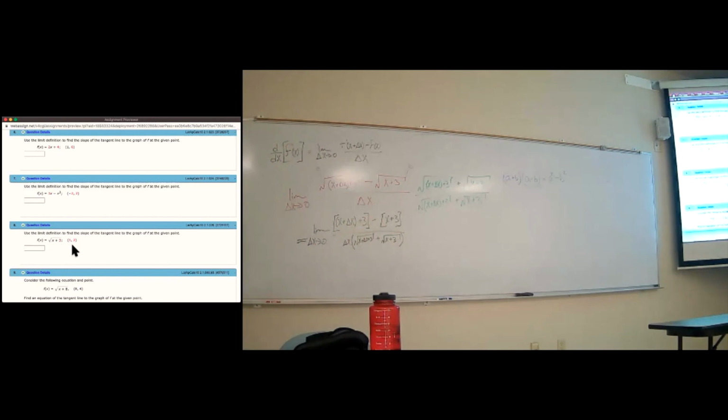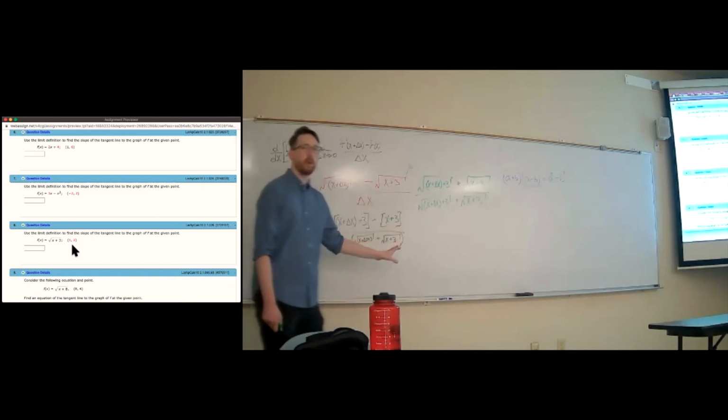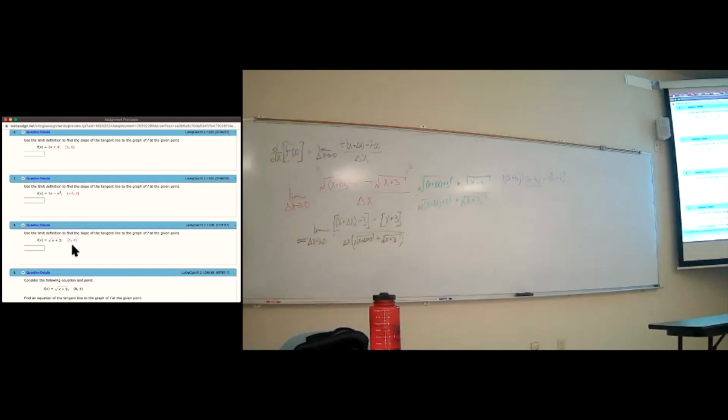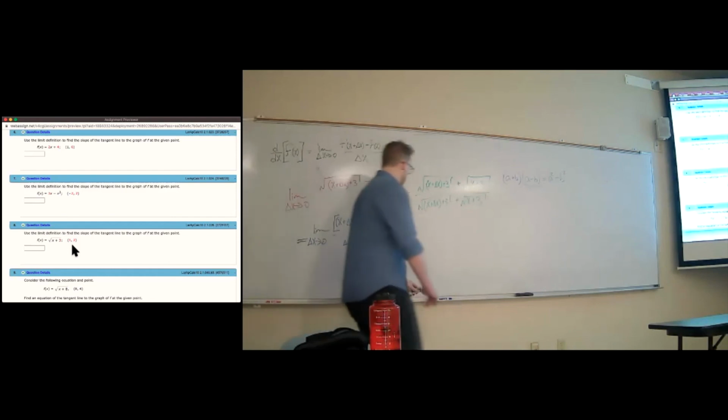But the other part is, this is a good exercise for how to actually solve these limit definitions of the derivative, right? I think this is a good exercise just to beat some of the rust off of our algebra.